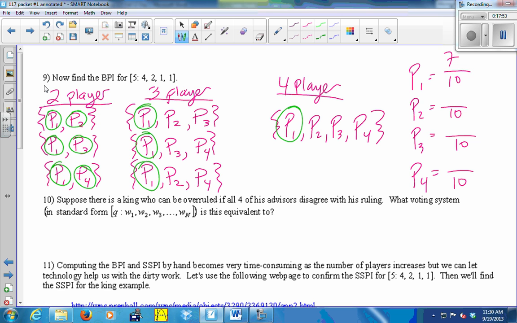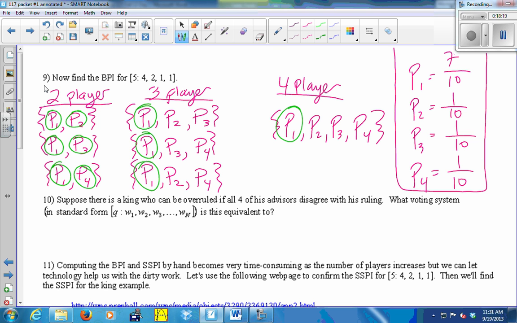Player 2, 1. Player 3, and player 4, 1. So player 1 has 7/10 of the power. Everybody else has 1/10 of the power. Quickly add them up: 7, 8, 9, 10. You get 10 out of 10. So we did it right.